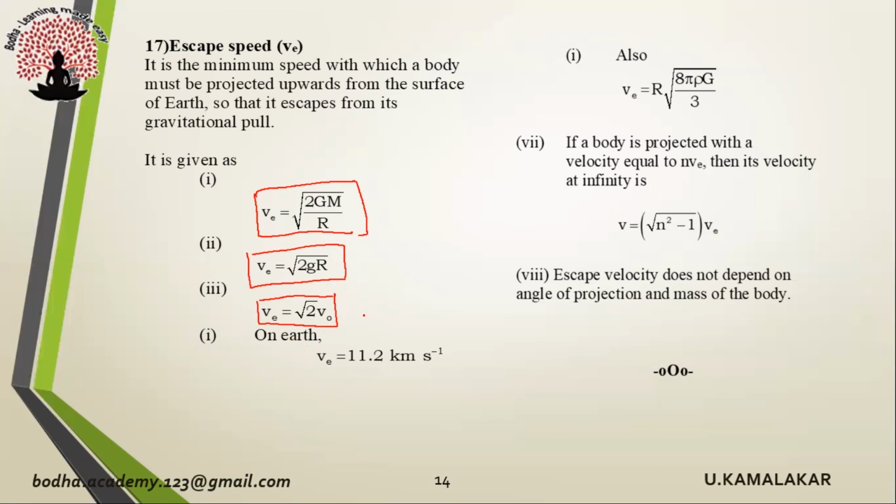The relation between escape velocity and orbital velocity is given as V is equal to root 2 V0. On Earth, escape velocity is equal to 11.2 kilometers per second. Escape velocity is equal to capital R into root of 8 pi rho G by 3, where rho is density of Earth.